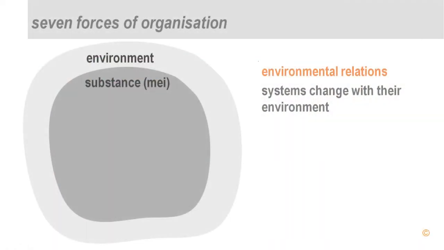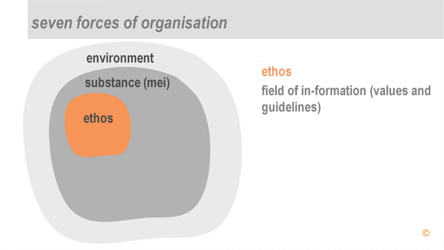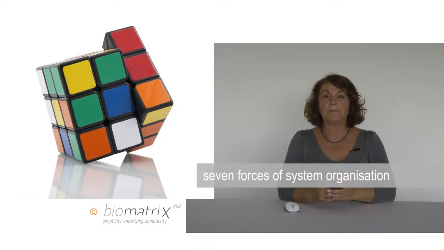Then every system has ethos. Ethos is the field of information, values and guidelines that determines the form and function of the system. If we use the DNA in the body as an analogy, the information embodied or embedded in the DNA drives the unfolding and the development of an organism.